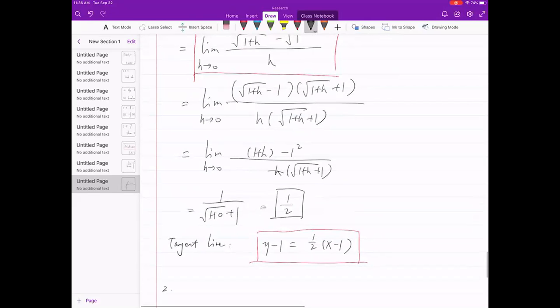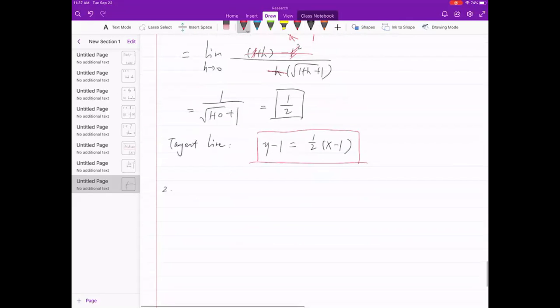After that, can you see this 1 and this 1 cancel out? That leaves you an h on the top, right? And then the h and h cancel out. Okay. Thank you. This is a 1 here. Cool.